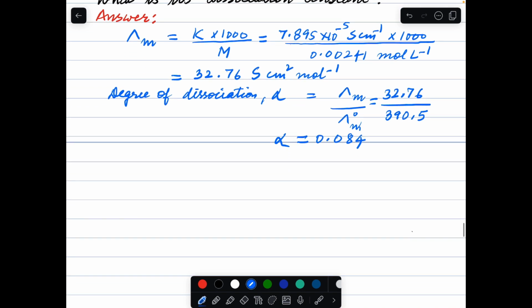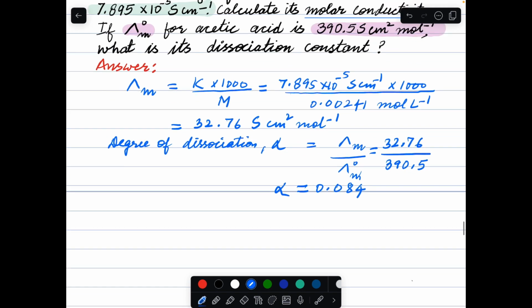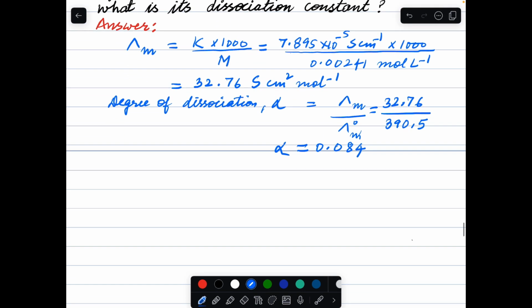Now we will utilize this degree of dissociation to find out the dissociation constant. If we look into the dissociation of acetic acid in this question, acetic acid is a weak electrolyte. It will dissociate partially into acetate ion and H plus ion, or the hydronium ion.